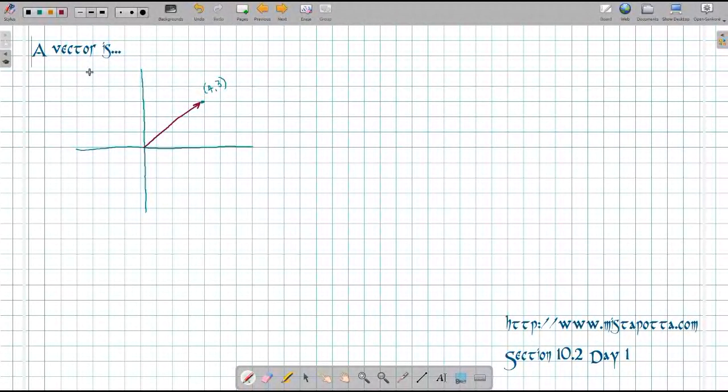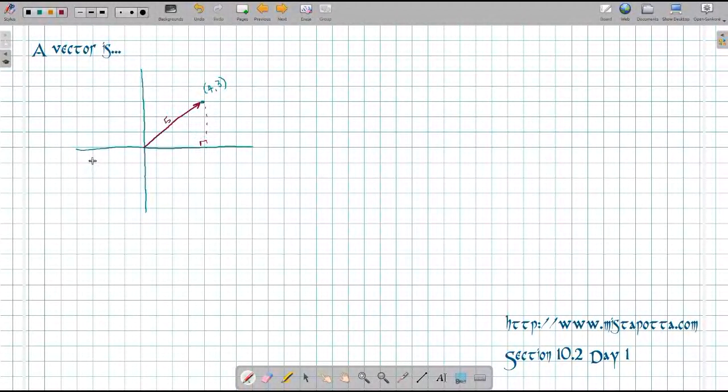Now notice that this motion is in a northeasterly direction, and because of the Pythagorean theorem, I'm moving approximately 5 units in this direction.